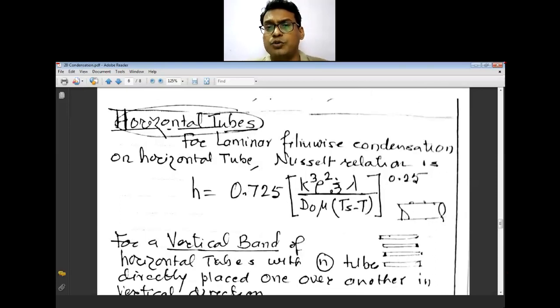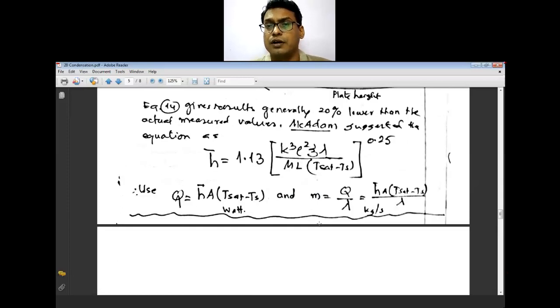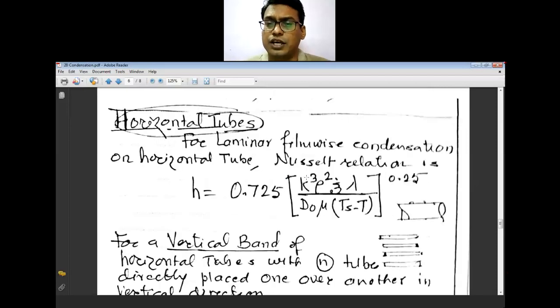And if the tubes are horizontal, for film-wise condensation the same derivation is obtained, but the constant is different, that is 0.725 [k cube rho square g lambda upon do mu (Ts minus T)]. Here you have to remember that this is the do, because the condensation is taking place on the outer surface. For the vertical plate the length L is taken into account, and here the outer diameter do is taken into account.